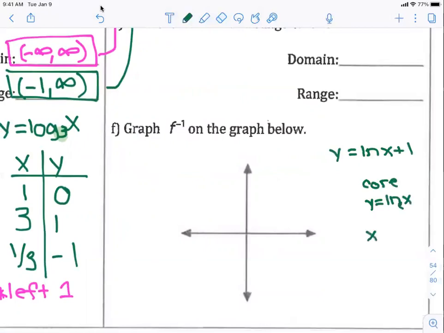So if we go ahead and graph our x and our y, those 3 points that I've asked you to memorize here are 1, 0; e, which is 2.71, comma 1; and 1 over e, you can type that in your calculator, is 0.37, -1. So we're going to graph that, and then we have to go left 1. So I am going to make 3 dashes.